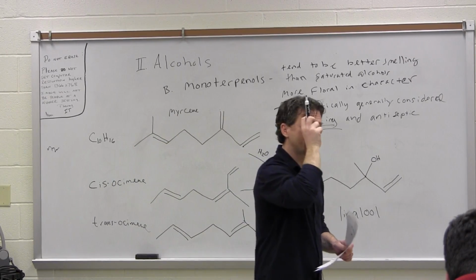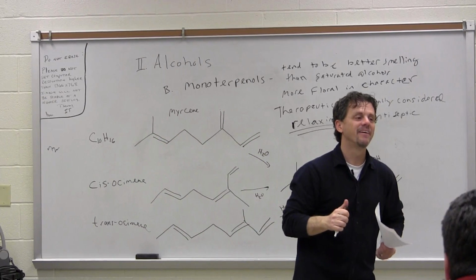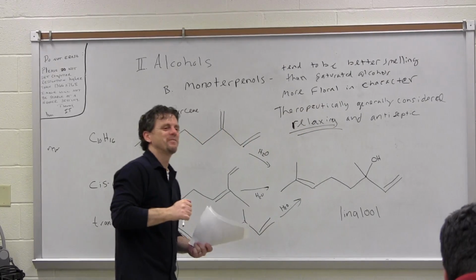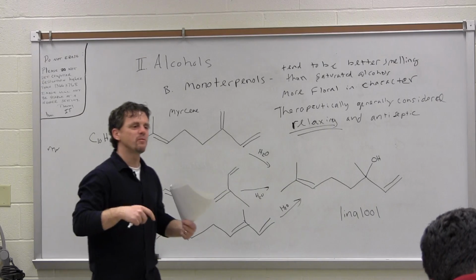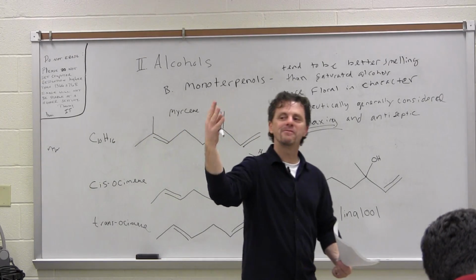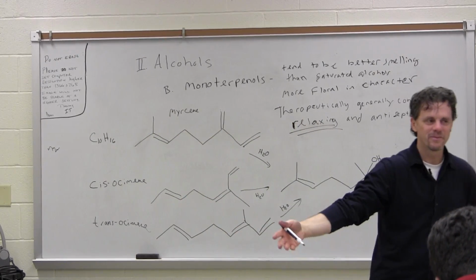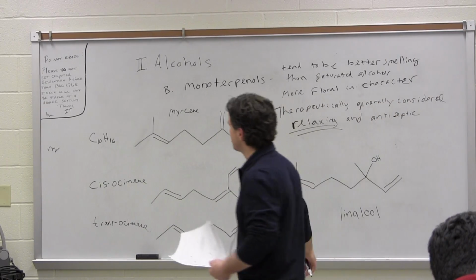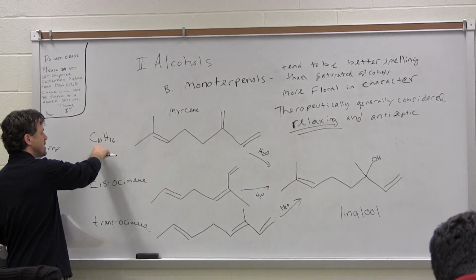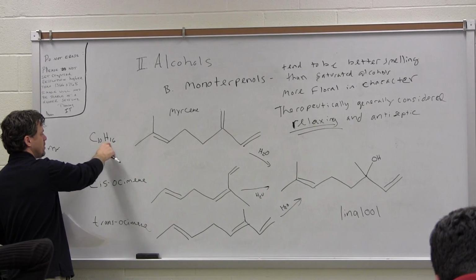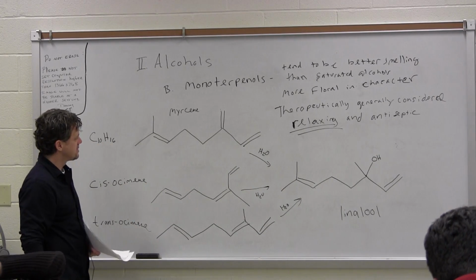Your aromatic hydrocarbon was a 14 carbon. So C10H16, which means they have a molecular weight of 136, right? Because we have 12 for carbon, times 10 is 120, plus 16 is 136.